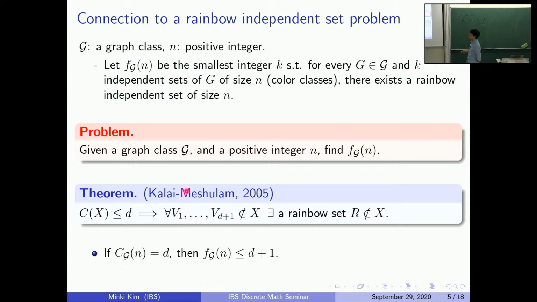So these V_i's here will be the independent sets of size n, which will not be contained in the I sub n of G, and the rainbow set will be a rainbow independent set.